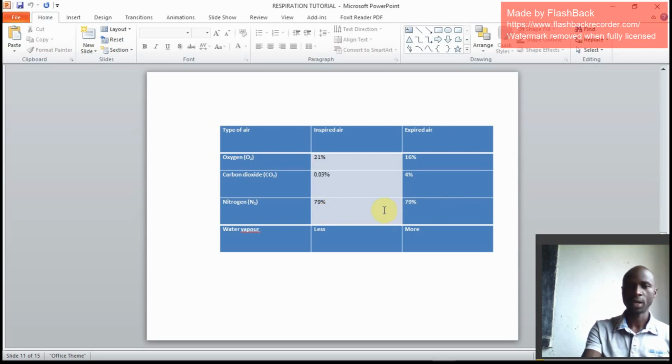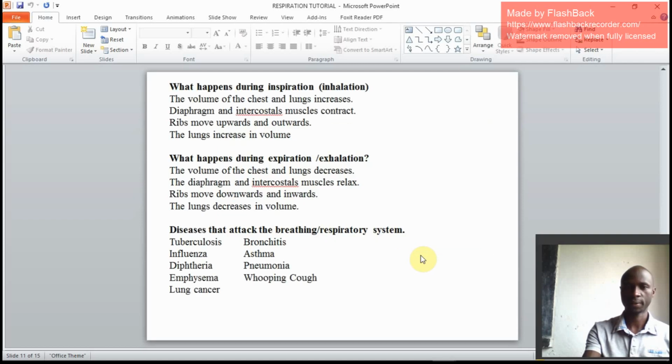The reason is just one: no body process uses nitrogen. Why does water vapor increase? Even during respiration, part of the water vapor is produced. That's why it increases.